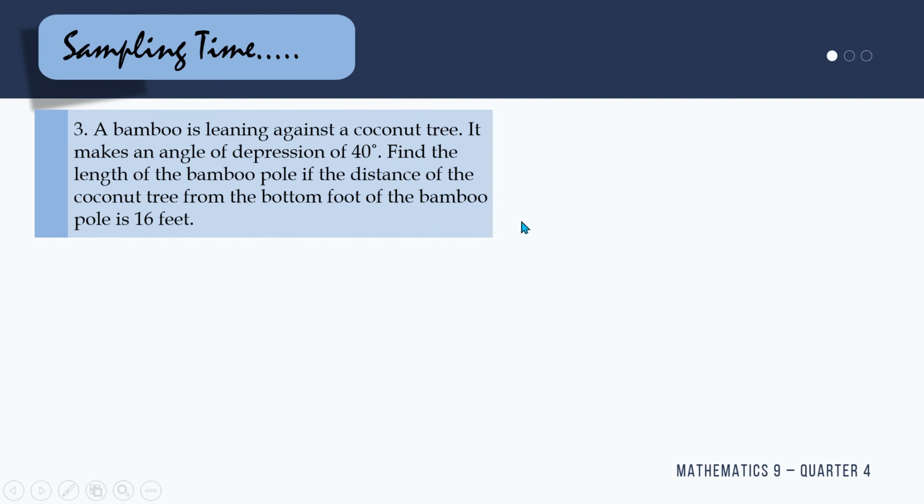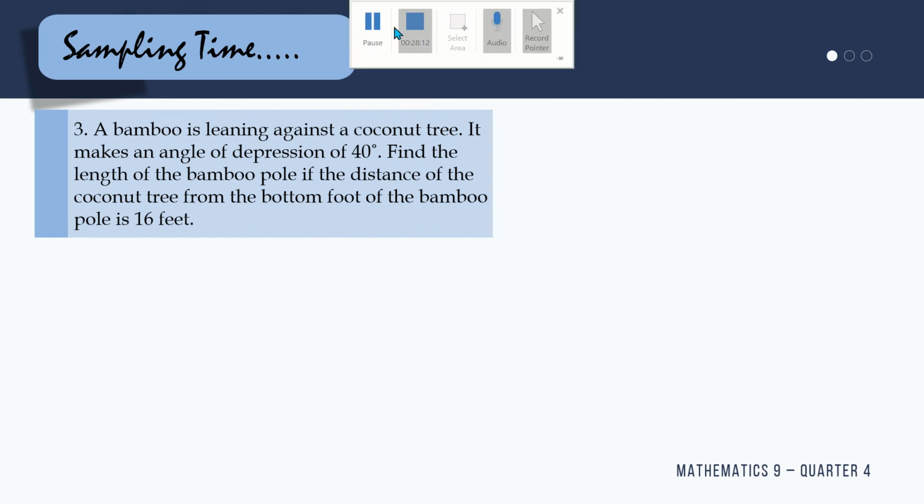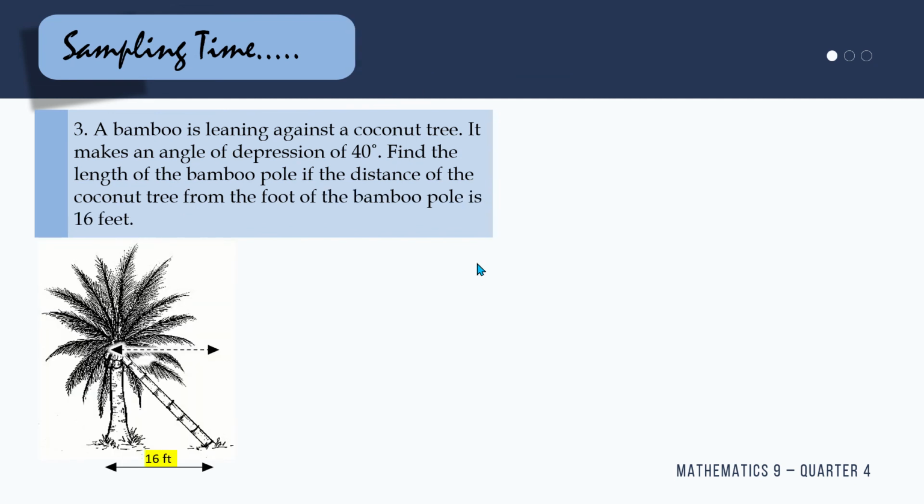This one is a bit complicated. Sorry, there is a clerical problem, so the word bottom is redundant; the foot is enough. So again: find the length of the bamboo pole if the distance of the coconut tree from the foot of the bamboo pole is 16 feet.